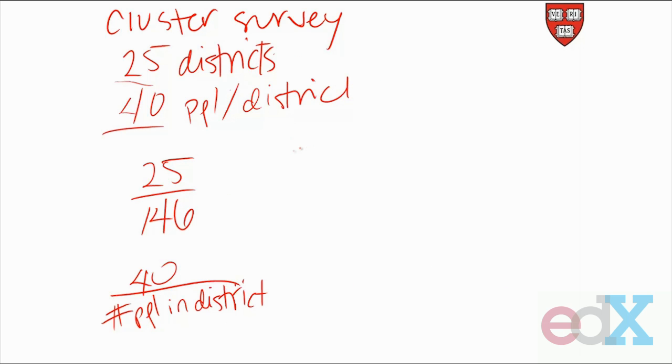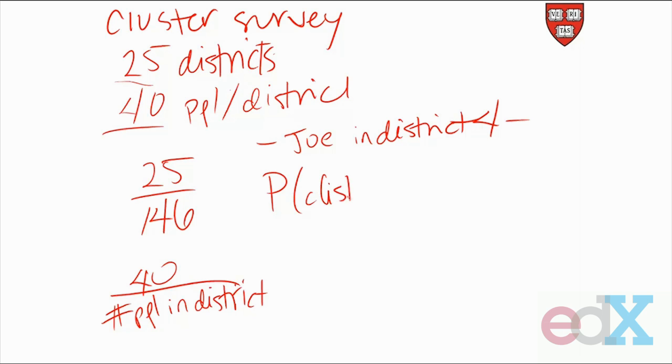So now let's think about the probability of a random person, say Joe, who lives in District 4. Just any random individual who lives in a given district. What's the probability that that guy gets included in your survey? Well, to calculate that probability, we have to think back to conditional probabilities. See how it all comes together? So the first thing is, what's the probability that District 4 even gets sampled?